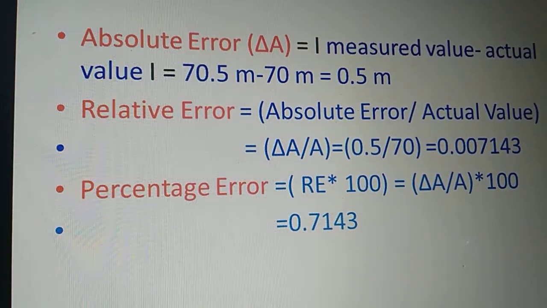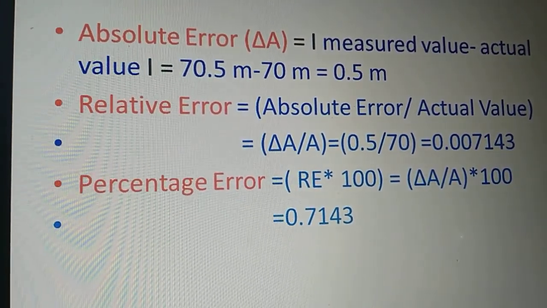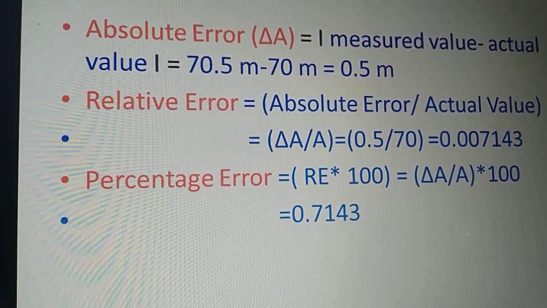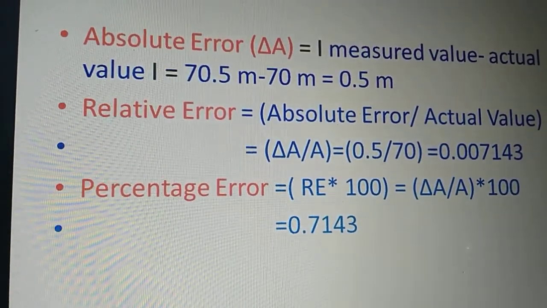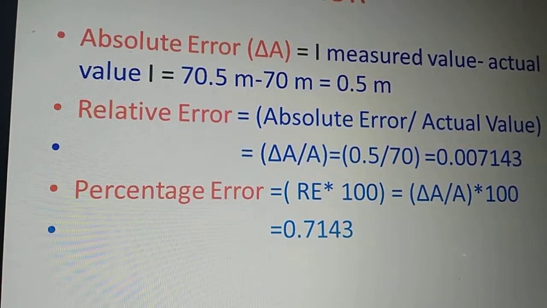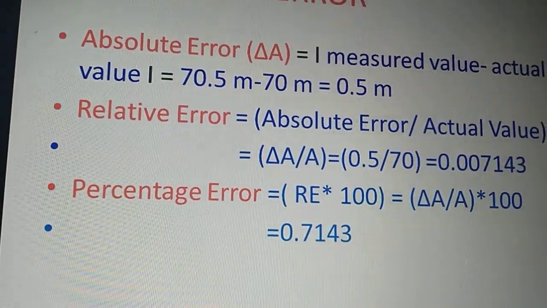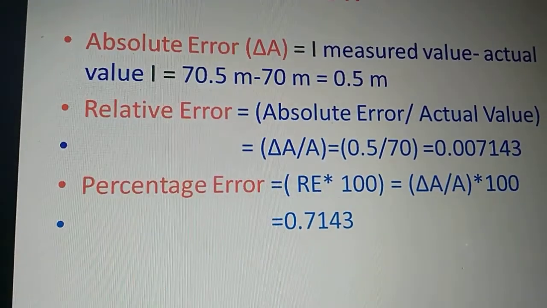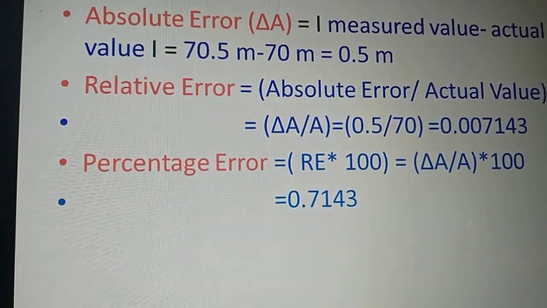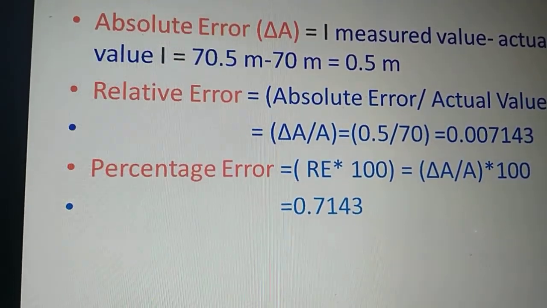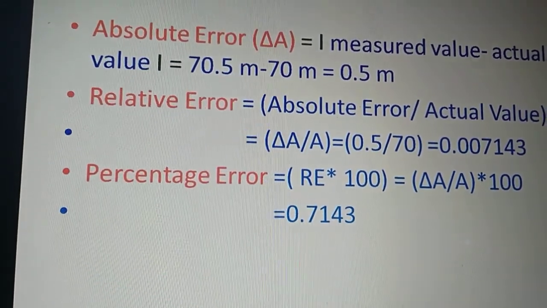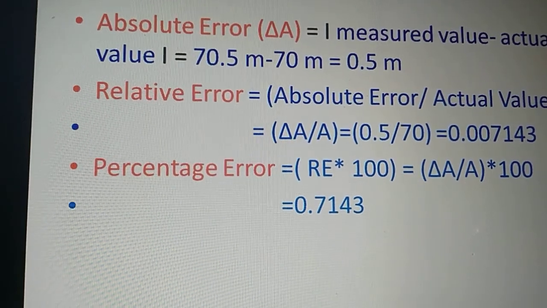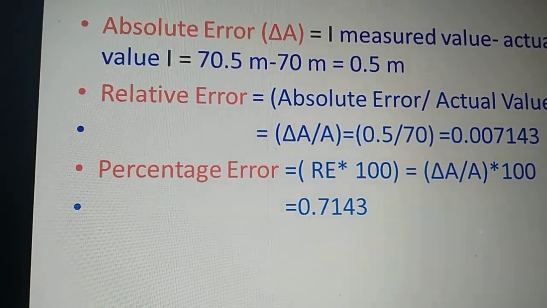The absolute error, let us indicate this absolute error by delta A, is equal to the mod of measured value minus actual value. So let us consider here the measured value is 70.5 meter and the actual value is equal to 70 meter, and if you work out this calculation you will get 70.5 meter minus 70 meter, which is 0.5 meter.